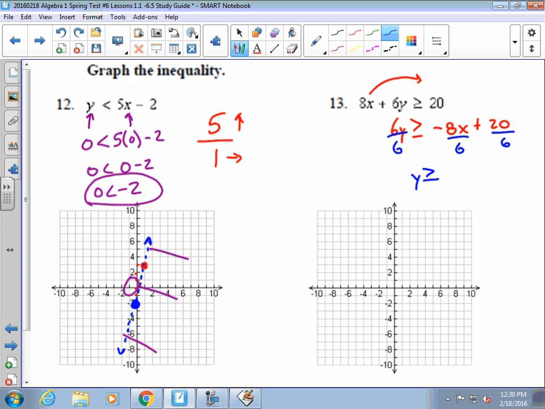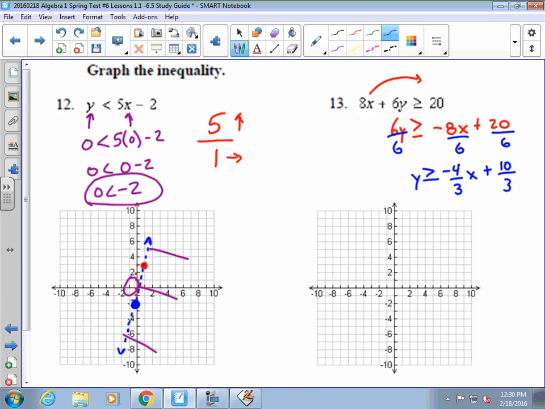Negative 8 doesn't divide by 6 as an integer, but we can reduce it. Negative 8 and 6, the number 2 goes into both of them, so it'll become negative 4 over 3x. And then the number 2 also goes into 20 and 6. It goes into 20 positive 10 times and into 6 3 times.